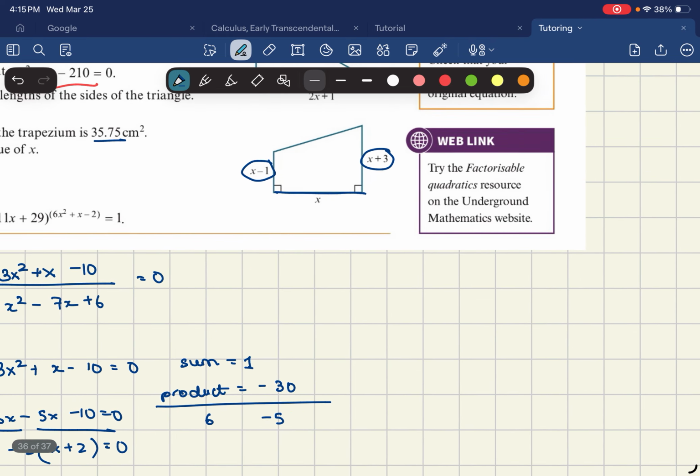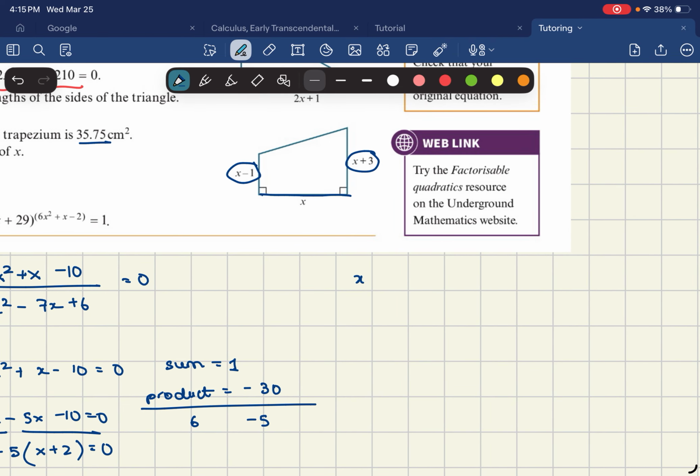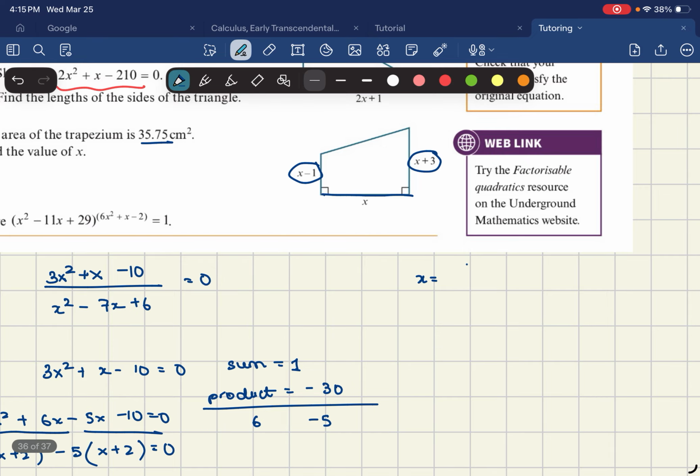And let's just check our denominator. Using the quadratic formula, our denominator gives 7 plus or minus the square root of 49 minus 4 times 6, 4 times 6 is 24, all over 2 times 1, which is 2. So 49 minus 24 is 25, so that is 7 plus or minus 5 divided by 2.